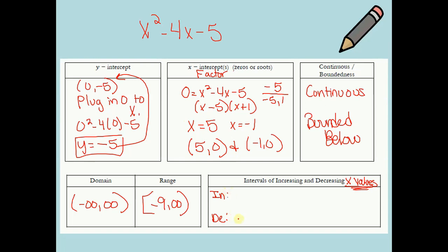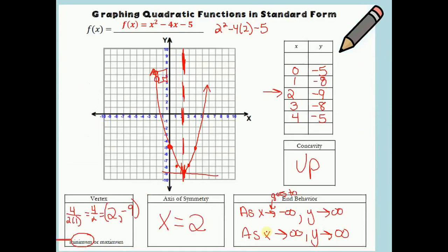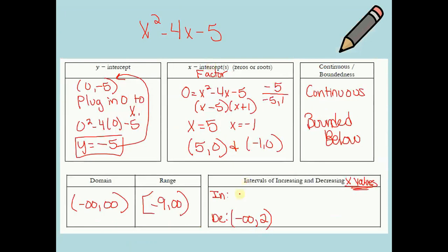So I start at negative infinity and I stop at 2. And then I start increasing right at 2 and I keep increasing forever. So that would mean 2 to infinity for my increasing interval.